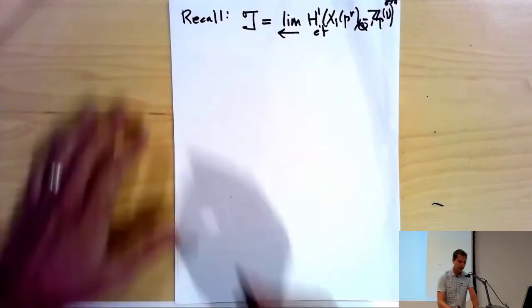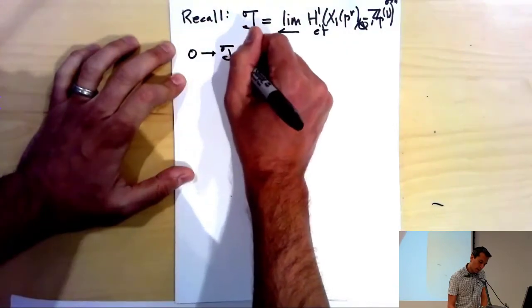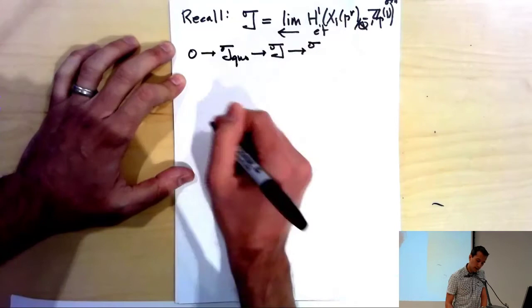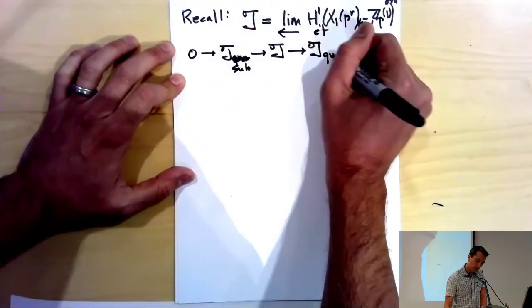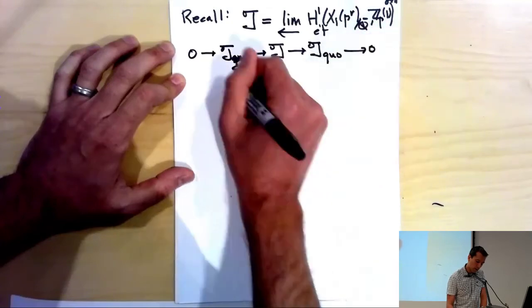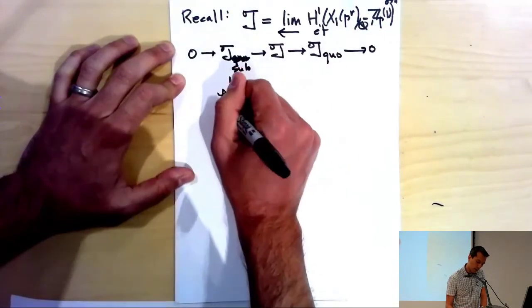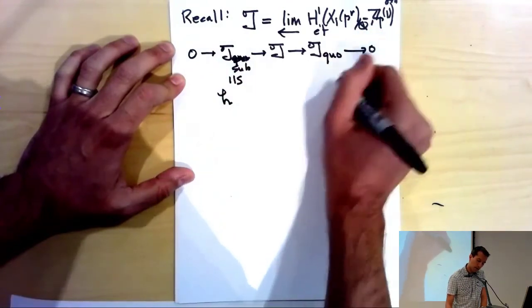It fit in an exact sequence of local at p modules. T sub, T quo, where this thing is, as on inertia, so this is as over G_{Q_p}, okay?